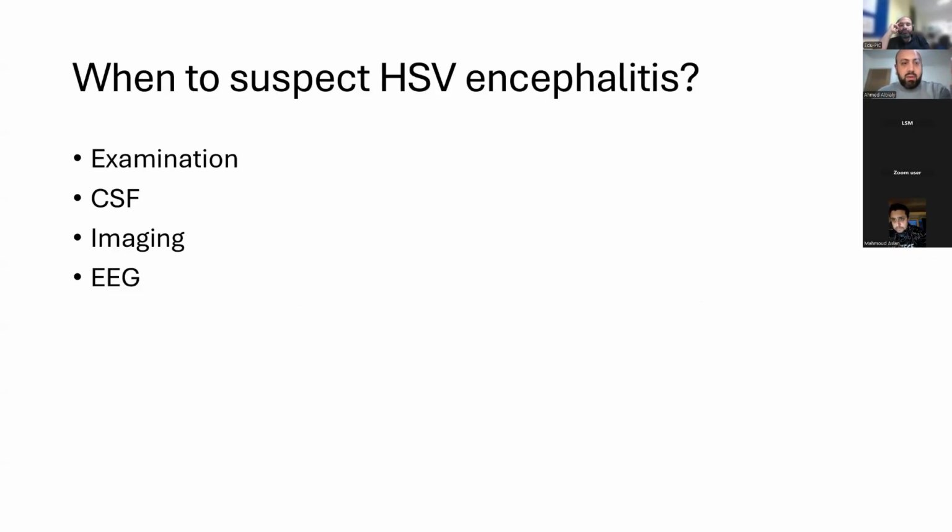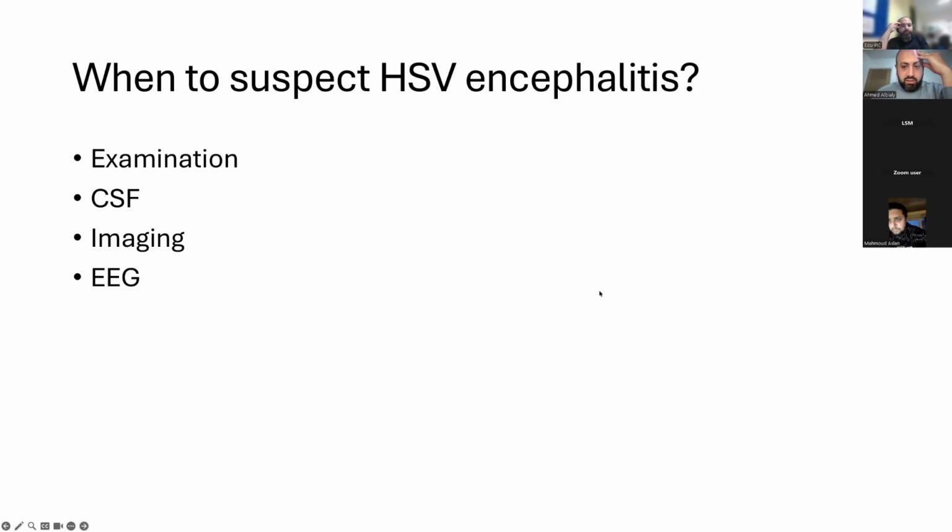So when to suspect HSV encephalitis: the neurological picture with seizures, encephalopathy, skin examination, contact, CSF with predominant lymphocytes and raised proteins. Imaging, it's not always there, but sometimes you see temporal lobe changes, and obviously EEG as well.